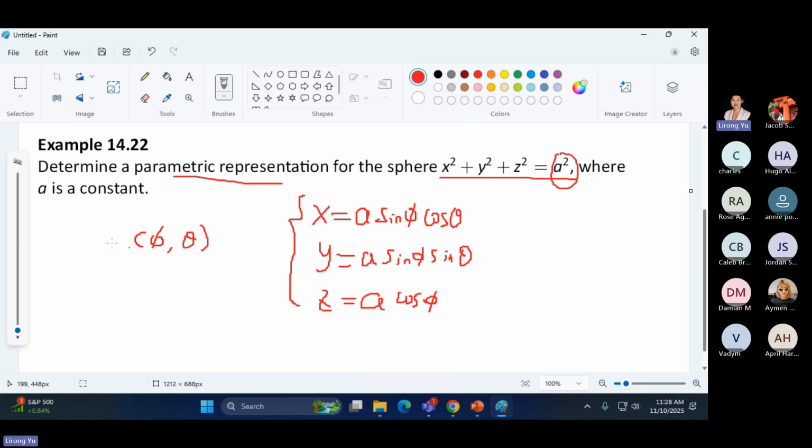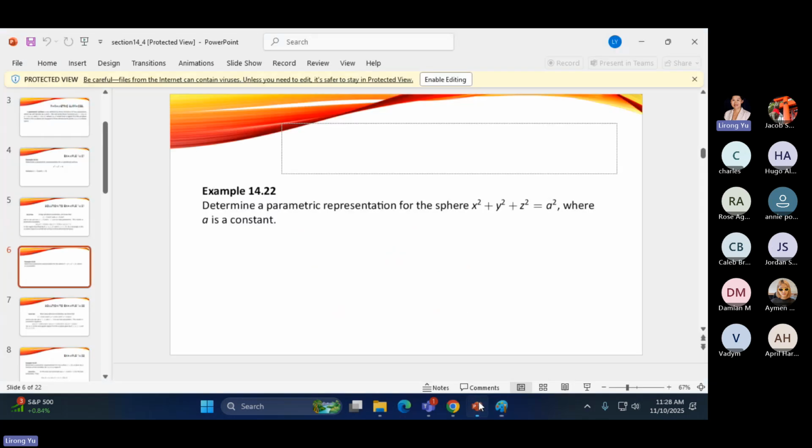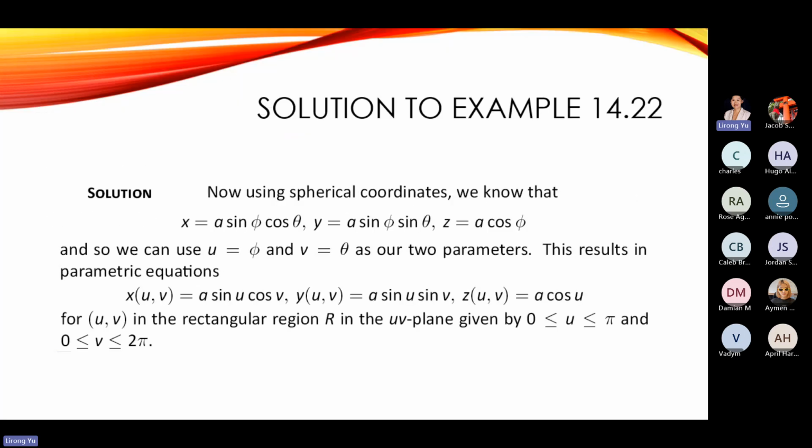But in the text, we did convert it to u and v. Instead of phi, we do u. Instead of theta, we do v. So that's the textbook solution to this question. So recall the spherical coordinates, and we convert it to a sine u cosine v, a sine u sine v, and a cosine u.